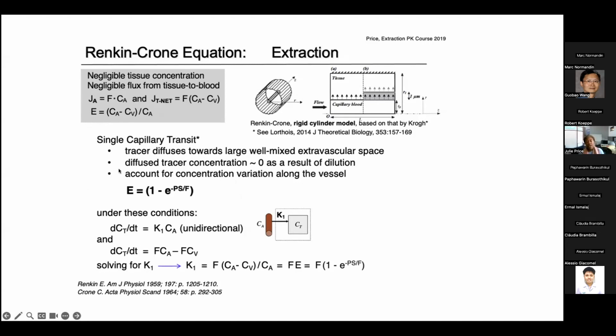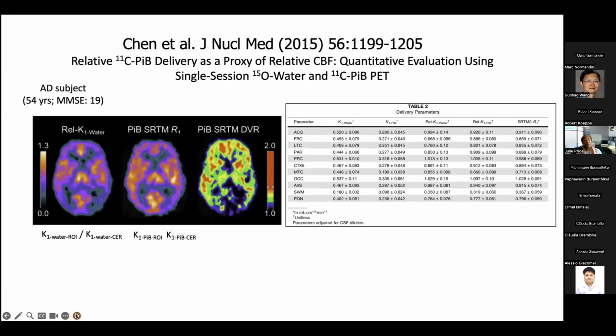And that's described in terms of the extraction component as 1 minus e to the negative permeability surface area divided by the flow. And when we estimate our K1, and I apologize for not going through this in detail, but again, some of these are for reference. This K1 or delivery component is really flow times extraction. And that's what we are measuring.